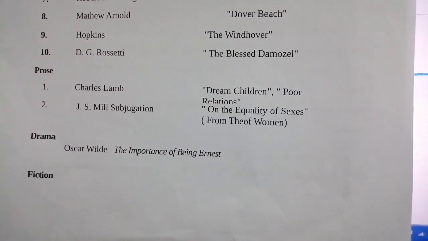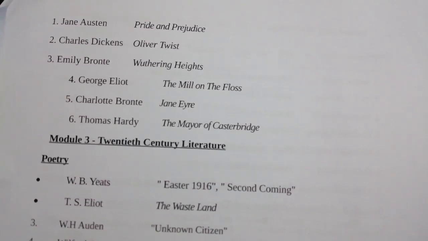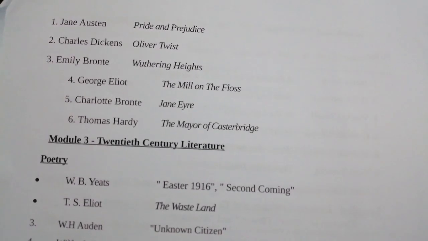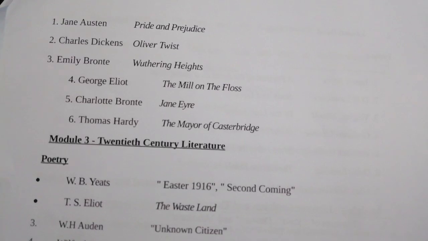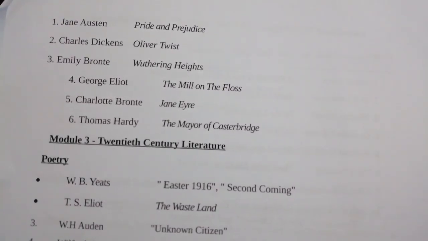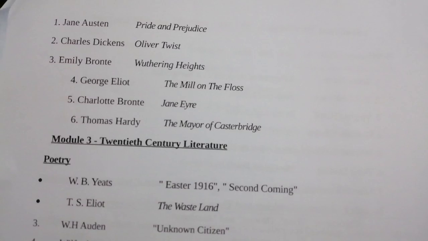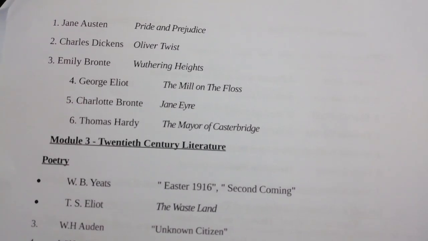When we come to play, Oscar Wilde, The Importance of Being Earnest is also included in this section. When we come to the fiction, Jane Austen, Pride and Prejudice, Charles Dickens' Oliver Twist, Emily Brontë, Wuthering Heights, Jane Eyre, and Thomas Hardy's The Mayor of Casterbridge are also included in the fiction.